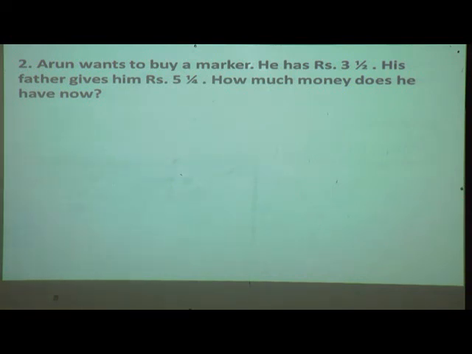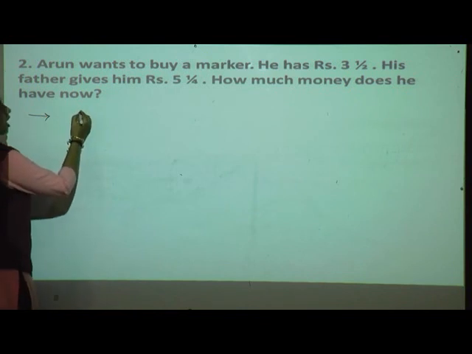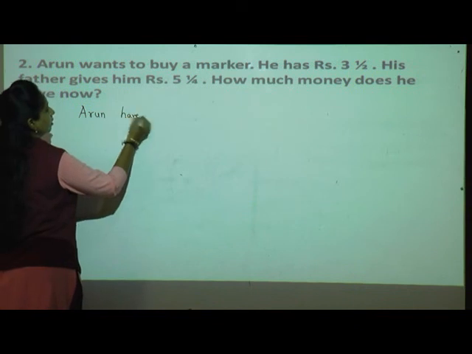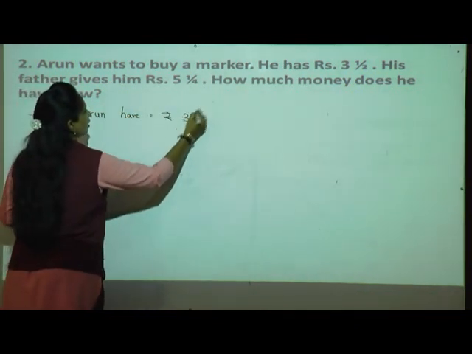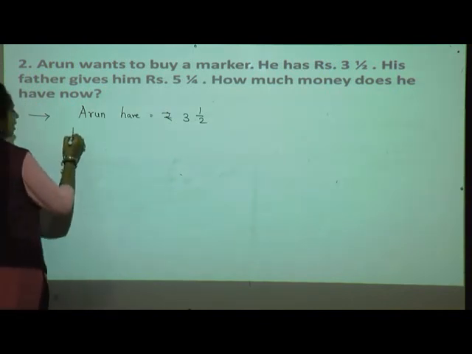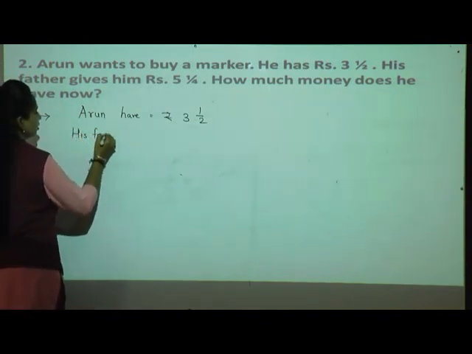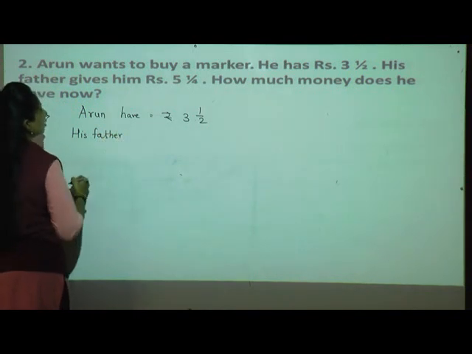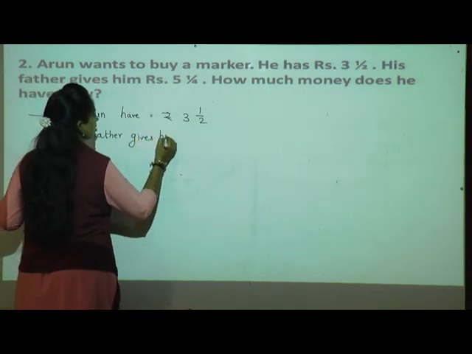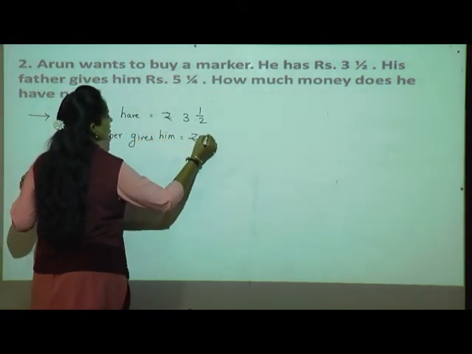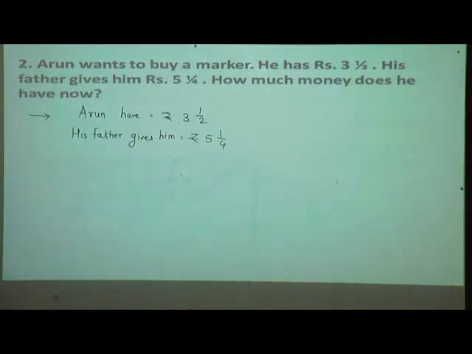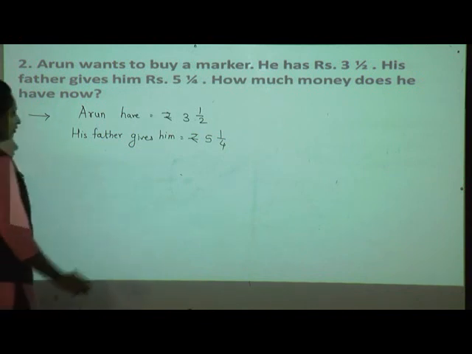So what is the given information? Arun has rupees 3.5 and his father gives him rupees 5 and 1/4. Now we have to find out how much money he has now.